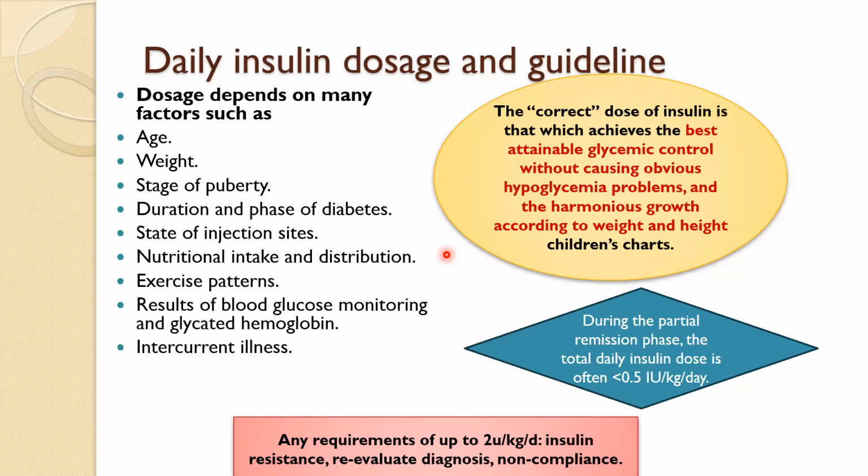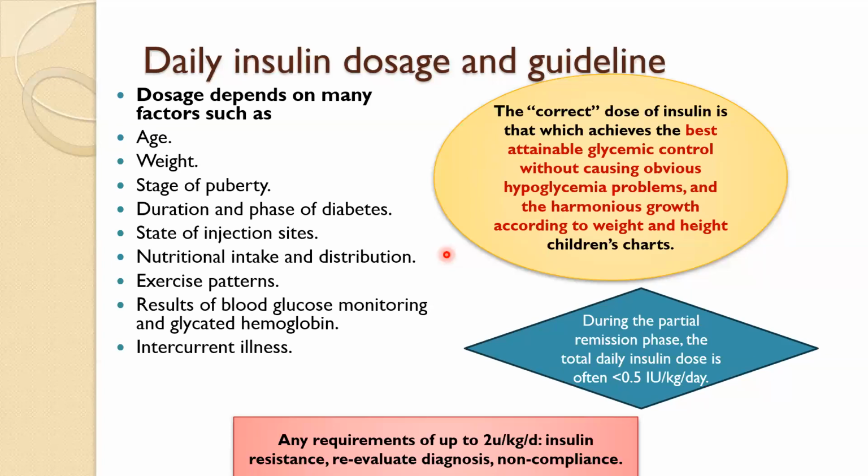In terms of weight, we actually calculate per kg per day. And then stage of puberty, where prepubertal children will require less insulin, pubertal more insulin, post-pubertal may require less insulin. Duration and phase of diabetes, children who are in honeymoon period, for instance, will require less insulin.